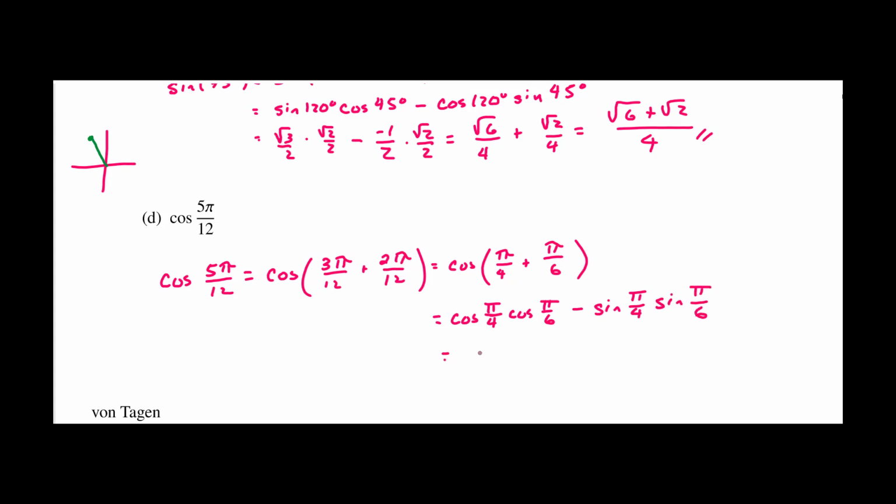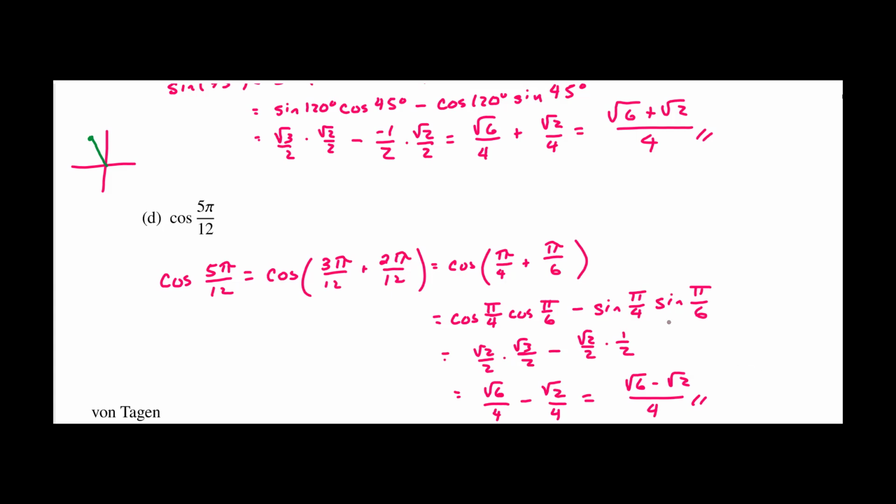If we go through and evaluate this, we end up with radical 2 over 2 times radical 3 over 2 minus radical 2 over 2 times the sine of pi over 6, which is 1/2, and we end up with kind of a familiar answer here, folks. Again, I don't want you to read too much into this other than I'm not making you work too hard to get these answers. In this case, this simplifies to be the square root of 6 minus the square root of 2 all over 4.